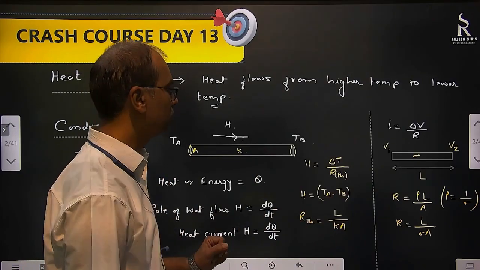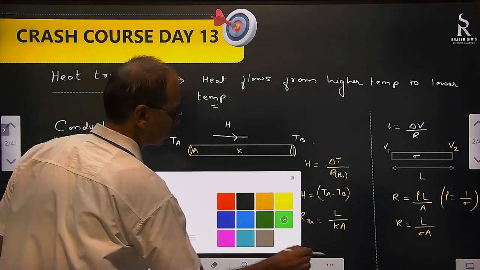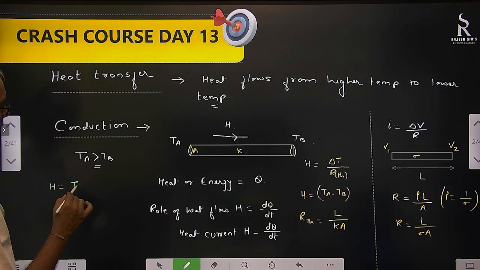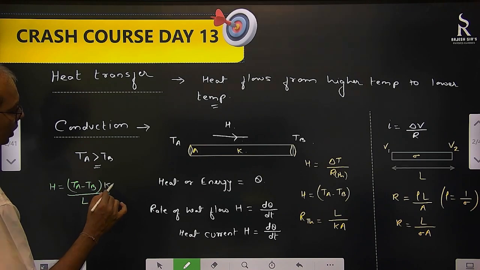So what is the formula? What is H? The final formula is TA minus TB by resistance, meaning L by KA.